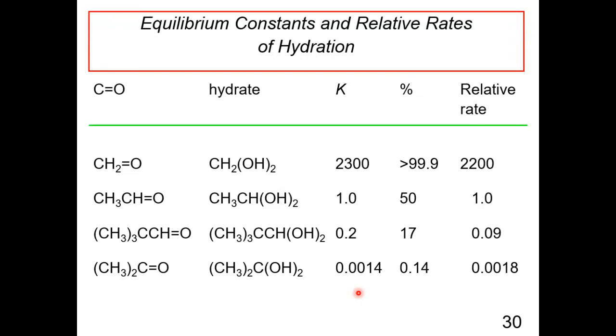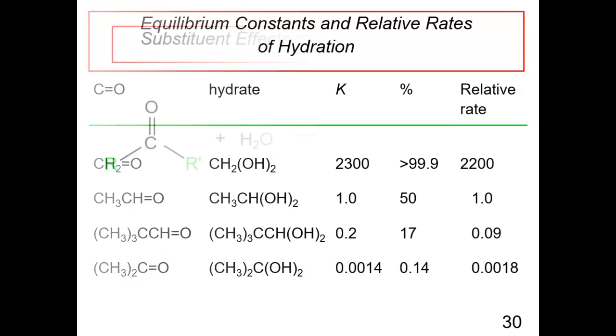So what you can see here is that ketones have a much smaller equilibrium constant than aldehydes, and it cannot be purely explained by steric hindrance. Steric hindrance did play some role, as can be seen by the equilibrium constant difference of these two, because this one has a much larger steric hindrance than that one, so the equilibrium constant is indeed a bit smaller. But the difference between ketone and aldehyde is more important.